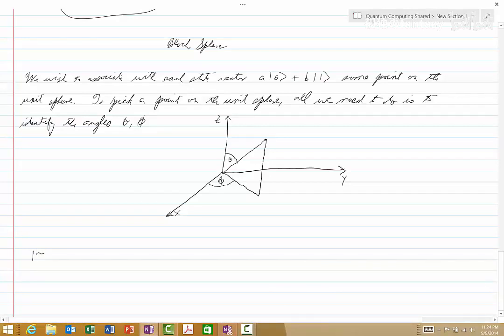I will just call this state, as I've already written above, A times the 0 ket plus B times the 1 ket.